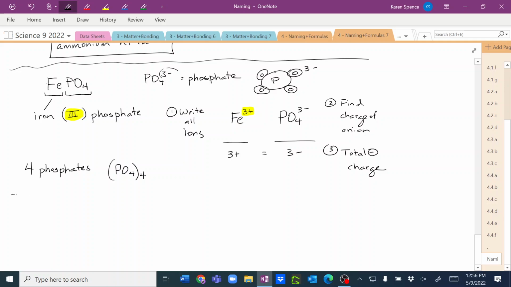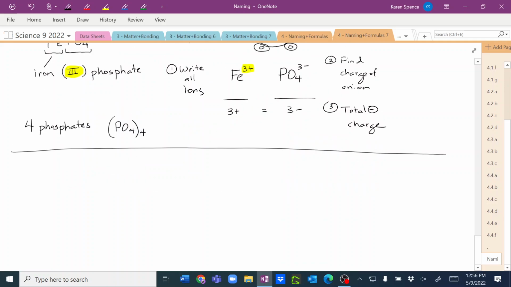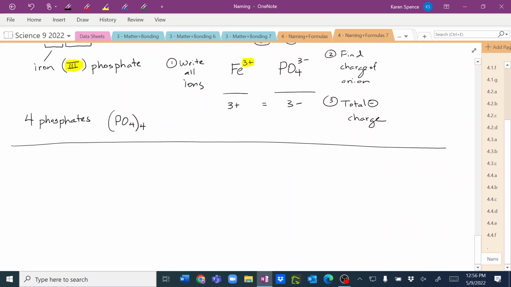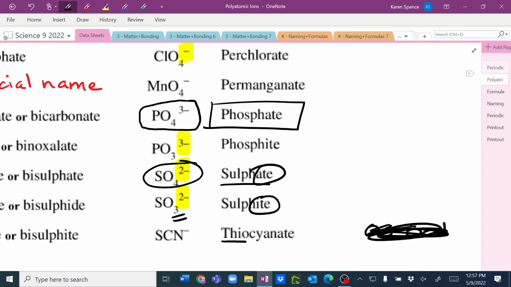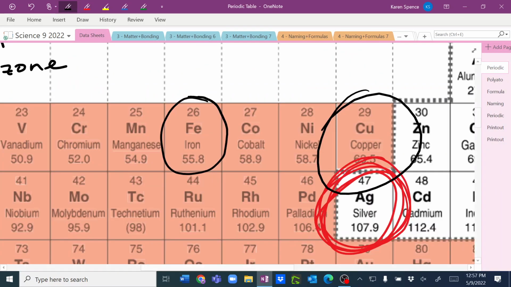Now, we'll do 2 more examples and then I will set you free to do your quizzes. What if we had Cu2SO4? That's copper. Does copper need a Roman numeral? Yes. If we look on our periodic table, copper is in the red zone.